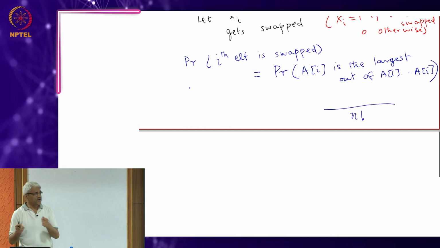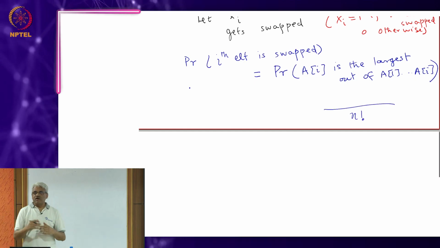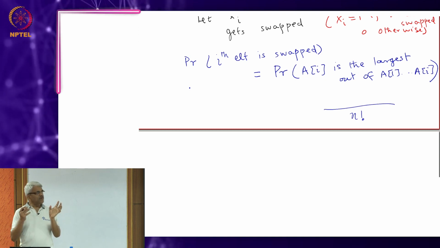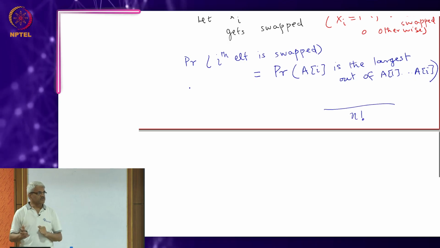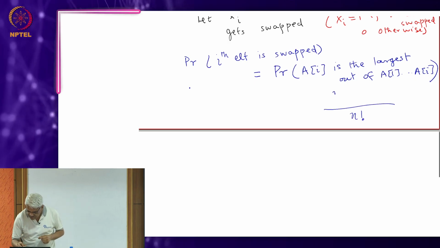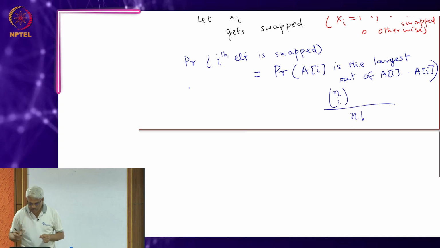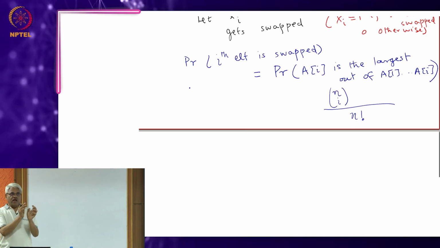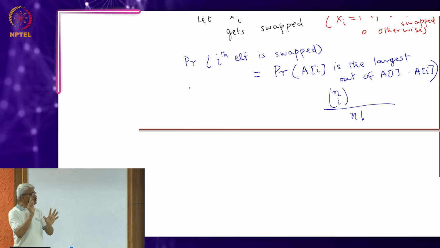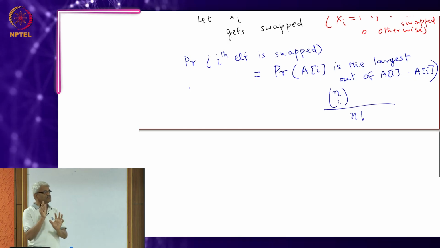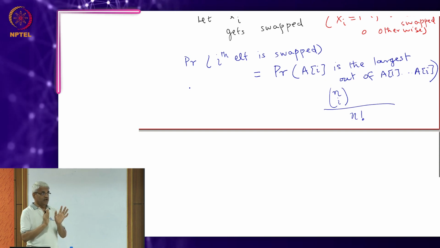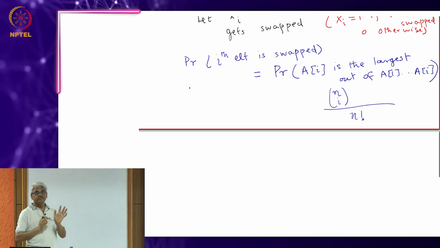There are many ways to figure this out, but let's do it in a very formulaic way. The first i elements can be any of the i elements out of n, so how many choices? N choose i. And the first i elements can be arranged in the i factorial permutations. Well, no, not any of the i factorial permutations. What permutations are allowed? I want the ith element to be the largest.